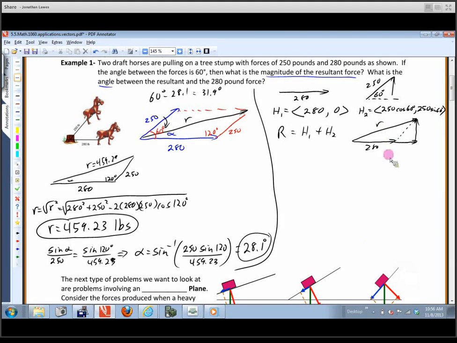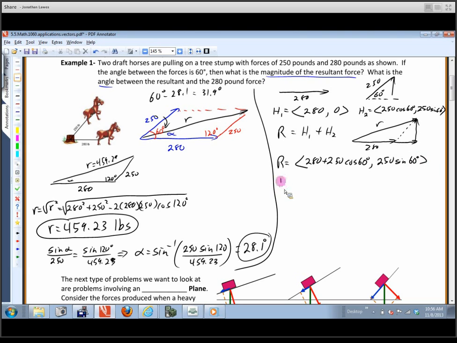And let's see if we can see what happens when we add these together. So here's the resultant. I'm going to take the two horizontal components and add those together. 280 plus 250 cosine 60 degrees, comma, 0 plus that. So that would just be 250 sine 60 degrees. So there's the resultant. There we have it in component form.